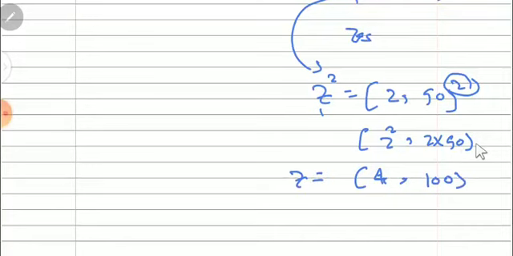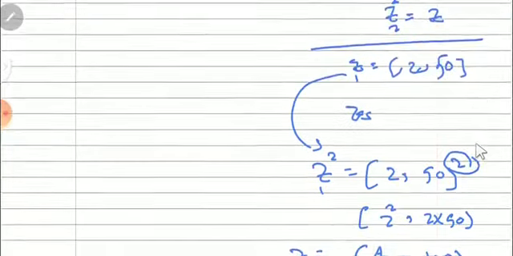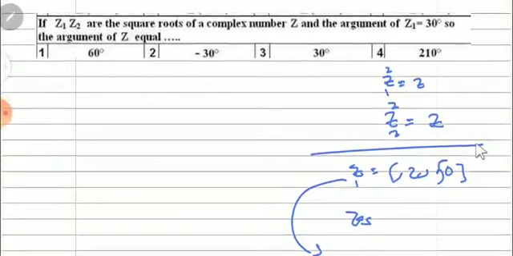So let us solve our problem here. He told us the argument of Z1 equals 30. Z1, I don't know the length of Z1, so write it as R, because we don't have it as a given.